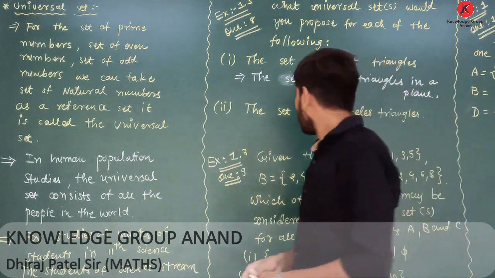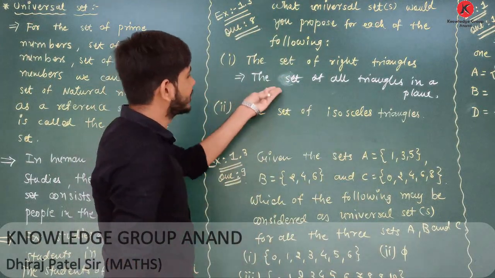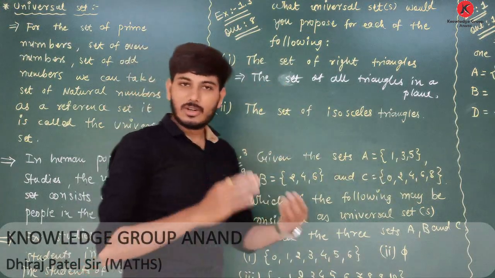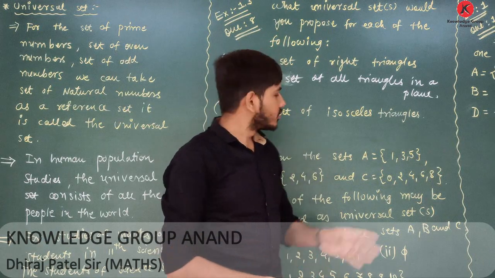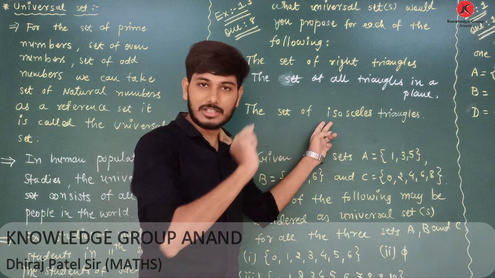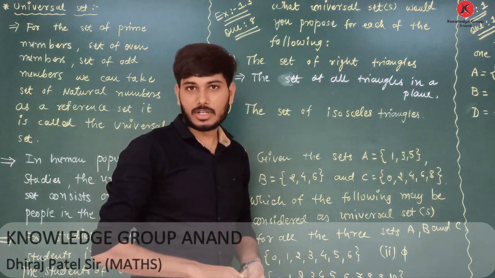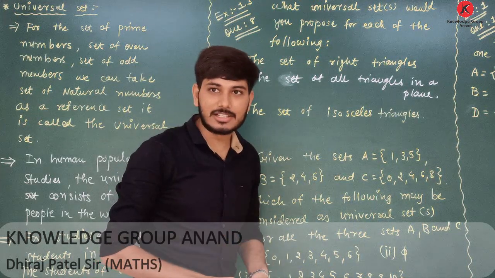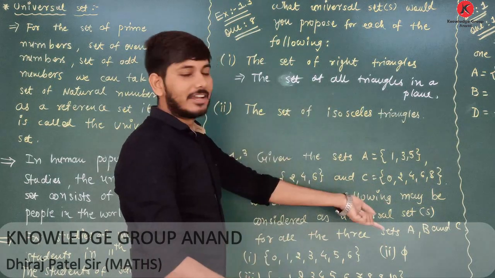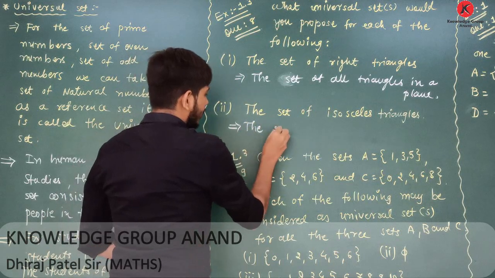It is clear. Next one, the set of isosceles triangles. We can also take the set of all triangles in the plane. An isosceles triangle has two sides equal and the other different. So there are different isosceles triangles, and we can consider the set of all triangles in a plane as the universal set or reference set.